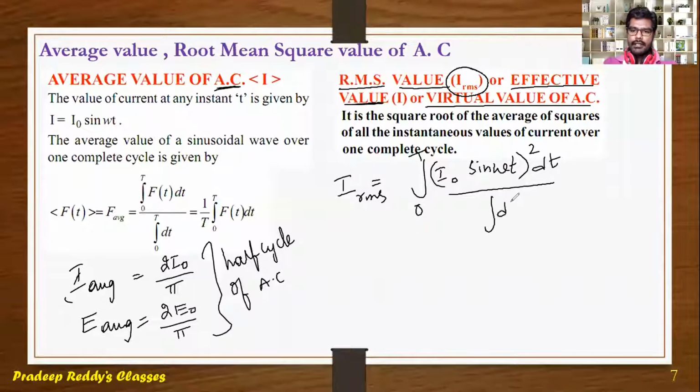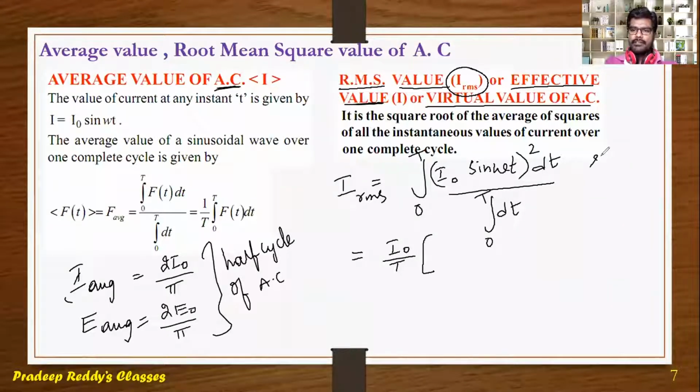And integration dt, limits are from 0 to capital T. Now this is written as I naught, which is constant, divided by integration dt, which is T, with upper limit capital T. Remaining is sine square omega t.